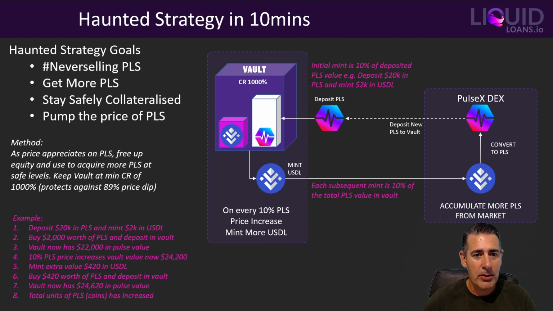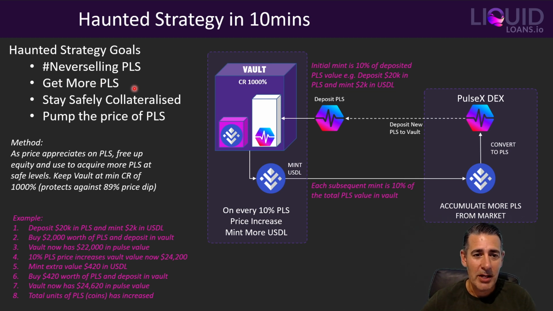Now, what we're looking at with the haunted strategy is that the goals for this strategy are never selling Pulse. So it's what I call an accumulation strategy, and I'm going to go into a few more of those strategies in later videos. It's about getting more Pulse.